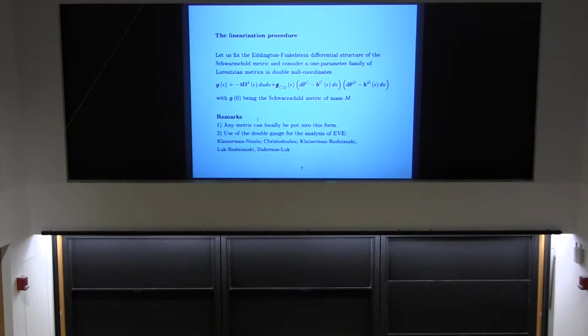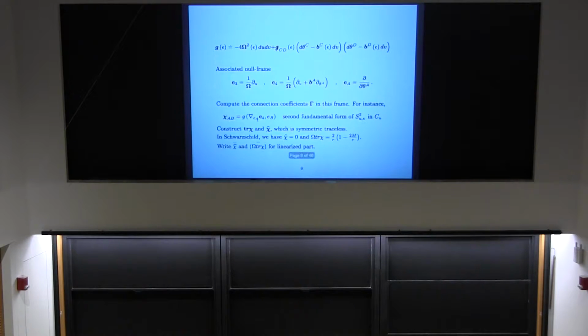They've been employed with large success in the analysis of the Einstein vacuum equations, starting with Klainerman and Nicolò in the context of the stability of Minkowski space, then the work of Christodoulou on the formation of trapped surfaces, the follow-up work by Klainerman and Rodnianski, the theory of impulsive gravitational waves of Luk and Rodnianski, and also results on the interior of black holes. So they've been employed very successfully. So this is why we use them in this problem as well.